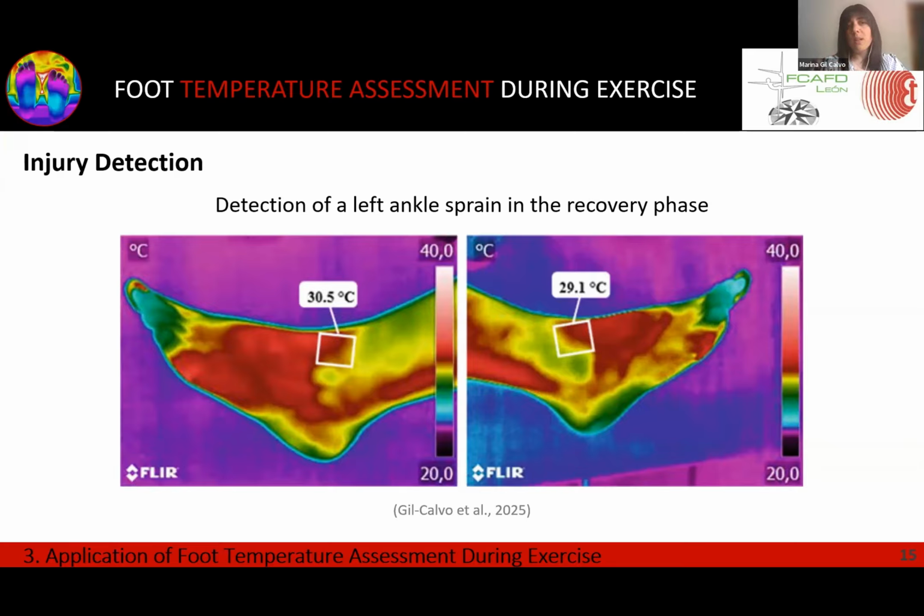It has also been seen that the revascularization process after an induced thermal stress is slower in diabetic patients than in healthy individuals, and some studies have also identified other types of injuries like stress fractures in runners, or muscle-related conditions such as cramps, contractures, or contusions, due to the inflammatory component these injuries have.